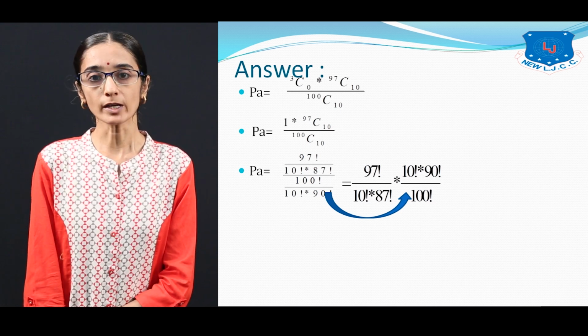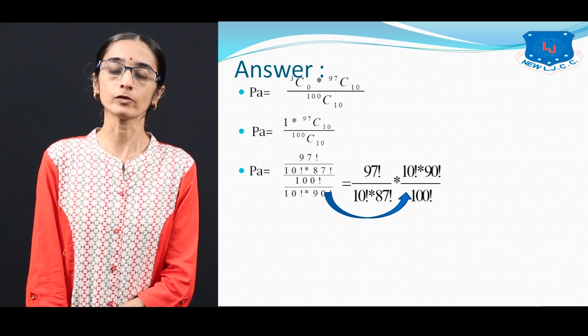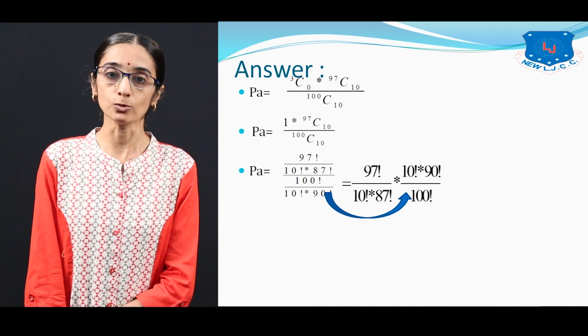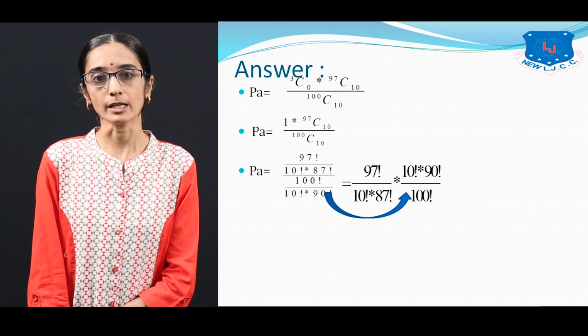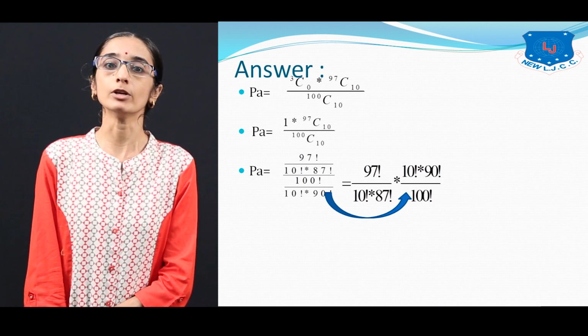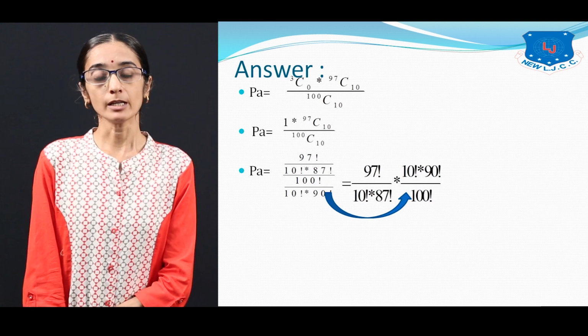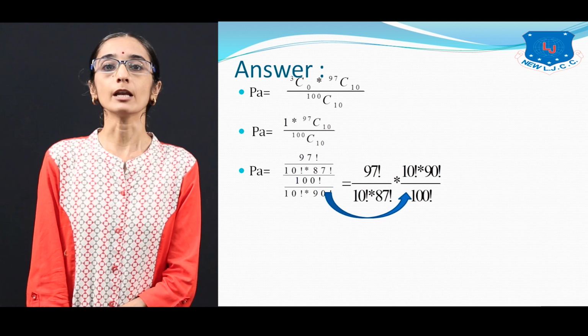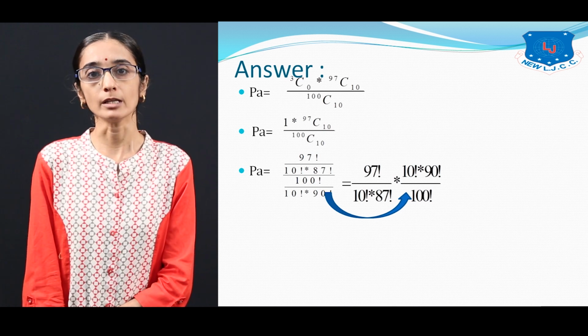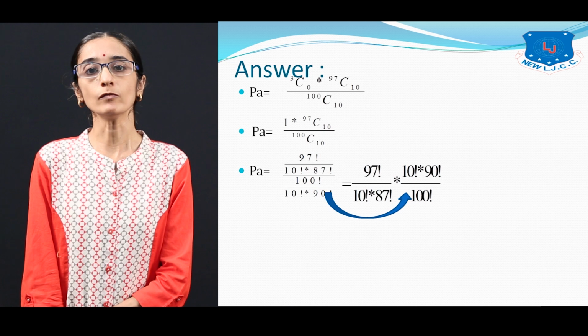Now 100 factorial can be written in terms of 97 factorial as 100 into 99 into 98 into 97 factorial. Similarly, 90 factorial can be written as 90 into 89 into 88 into 87 factorial.